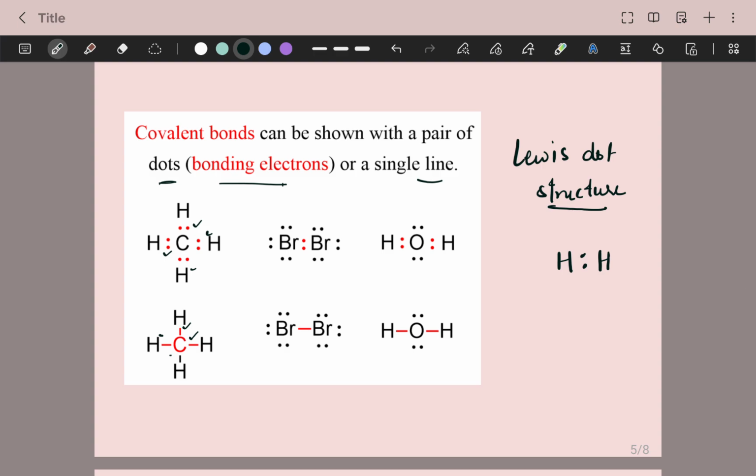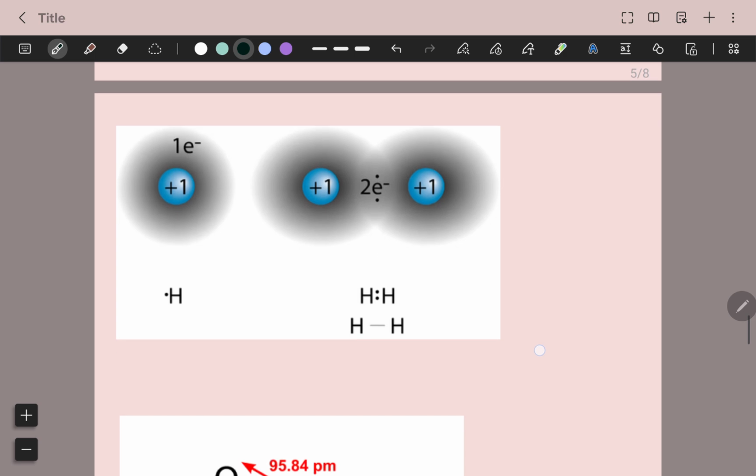Okay, so this is a hydrogen molecule, and we represent it like this, a single bond between the hydrogen atoms. You can see here the two electron clouds near each other.